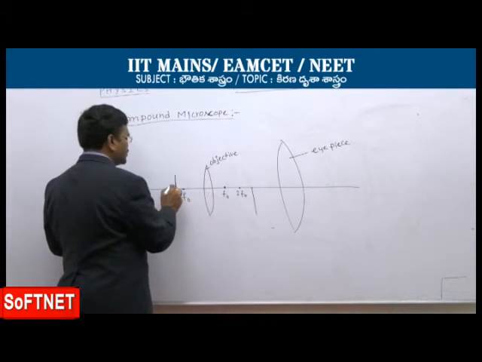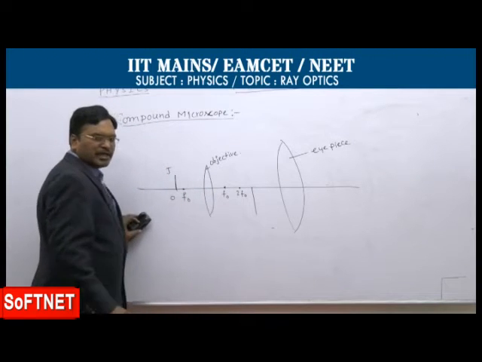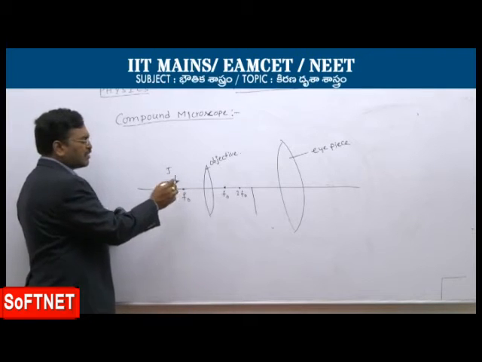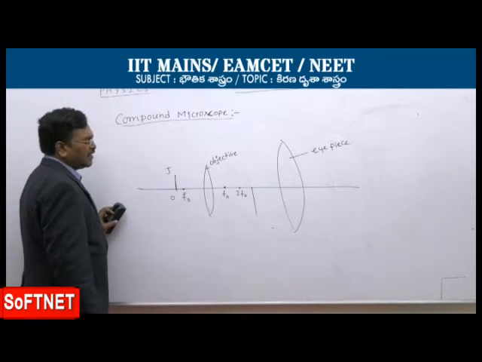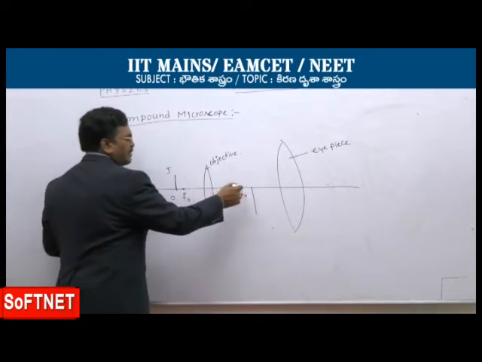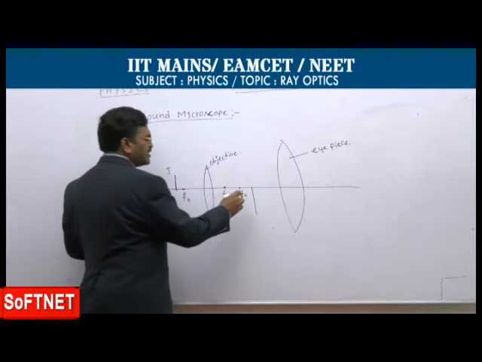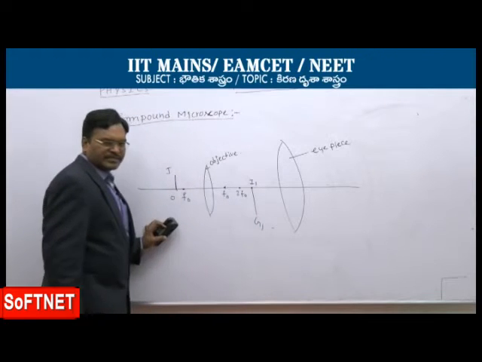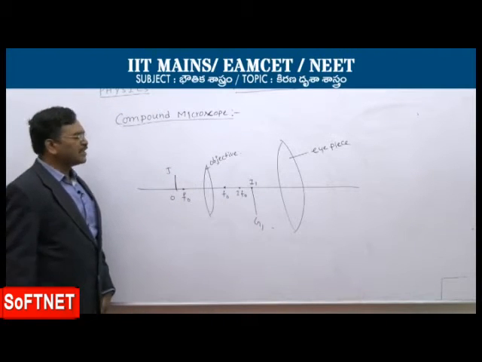OJ is the object, placed within the principal focus of the convex lens, so the image forms behind 2f0. Here the image is I1G1. First of all, the construction.